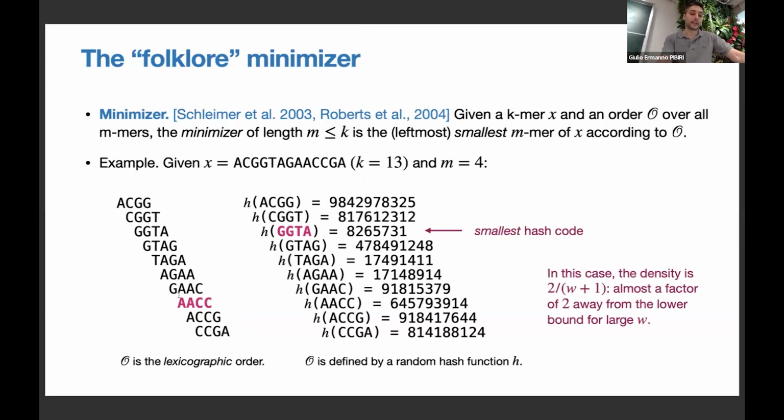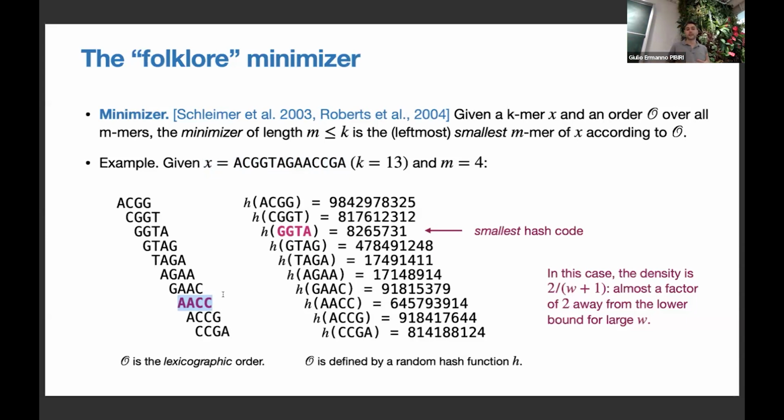In this case, I fix an order and take the hammer that is the smallest with respect to that order. So for this particular kmer, this is the set of all its hammers, and it happens that this one, AACC, is the smallest one. So according to lexicographic order, this one is the minimizer for my kmer.